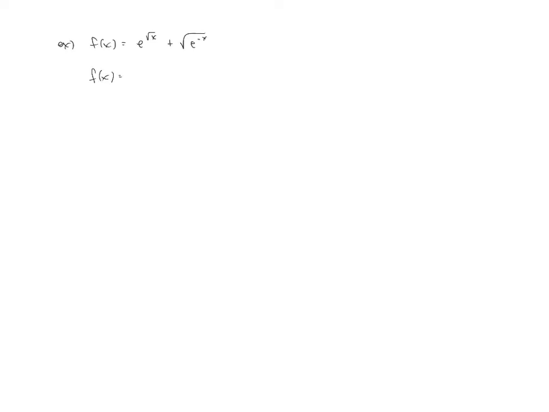So f of x is going to be the same thing as e to the x raised to the 1/2, and then plus e to the negative 1/2 times x. So remember, this square root here is a rational exponent of 1/2, so that's what I've done there. And then for this guy, this whole piece now gets raised to the 1/2 power, and so when I multiply that into the negative x, this is what I end up with.